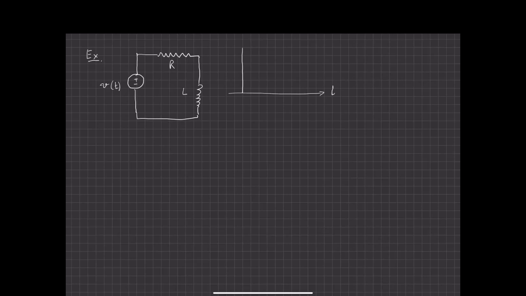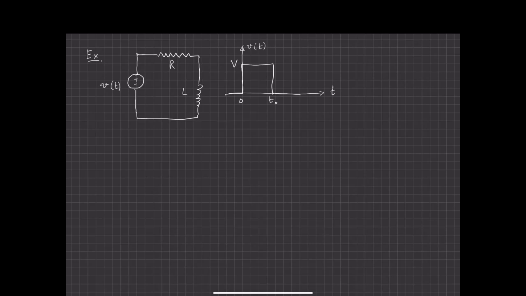This is t. Let's apply a pulse of height v from 0 to t naught.